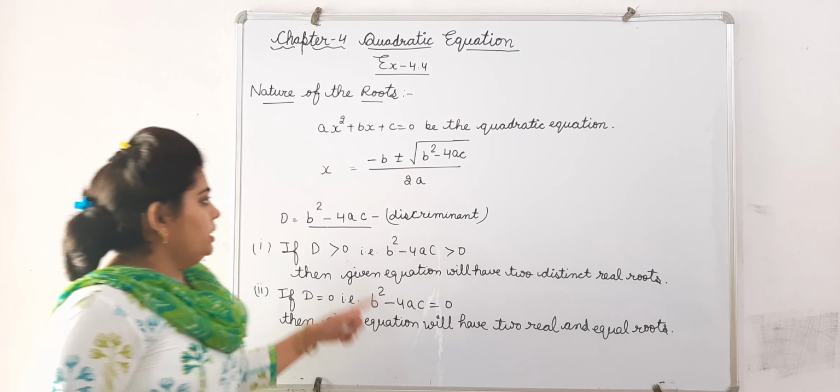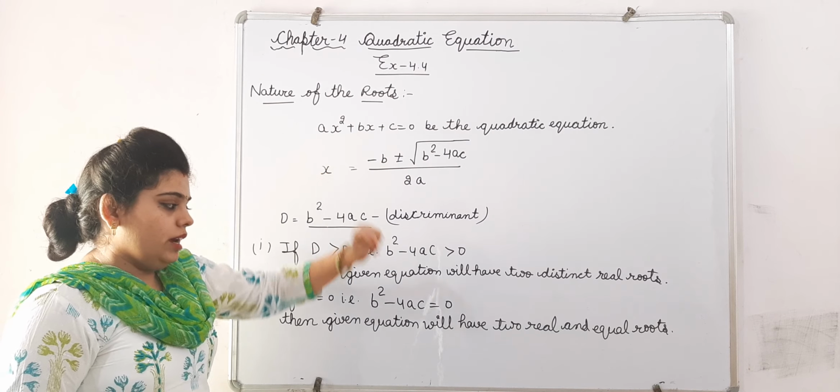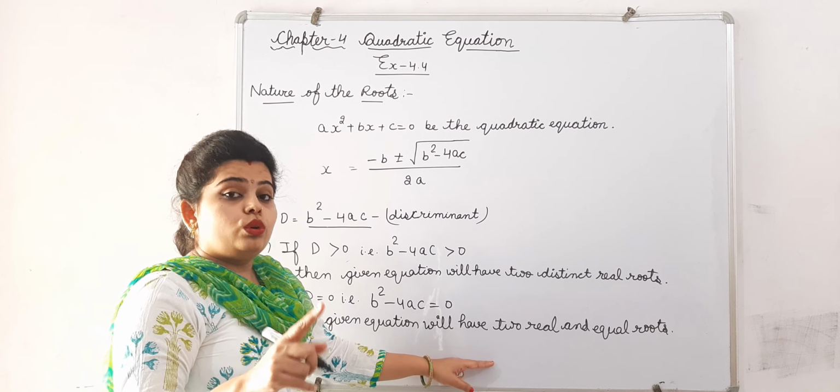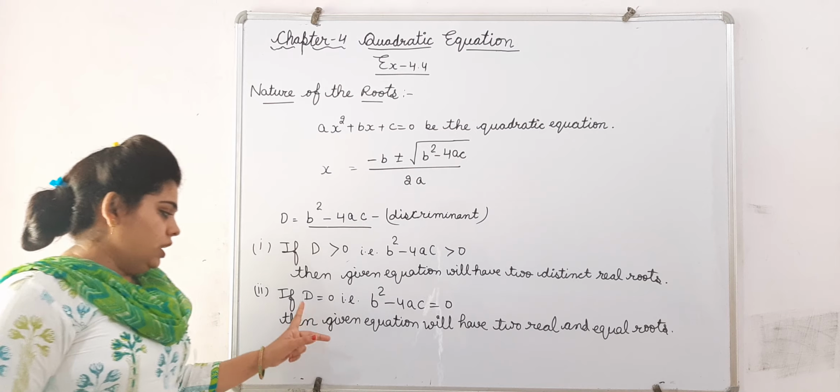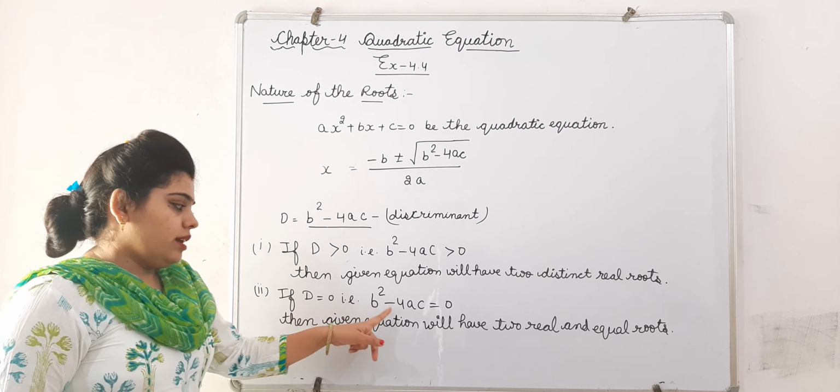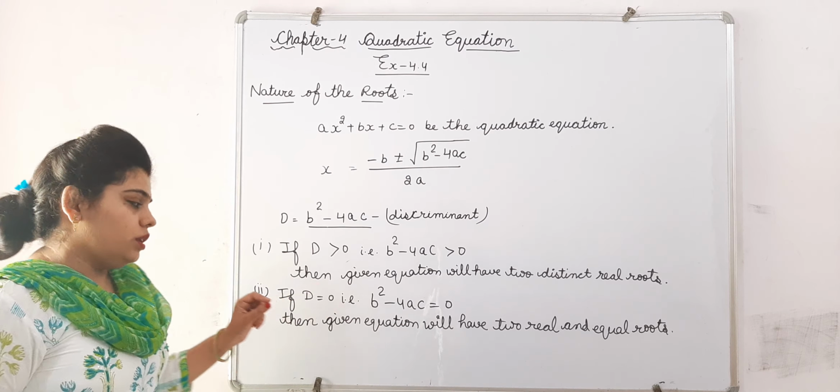Then ax square plus bx plus c will have two real roots and the roots will be equal, in the condition that D is equal to 0.